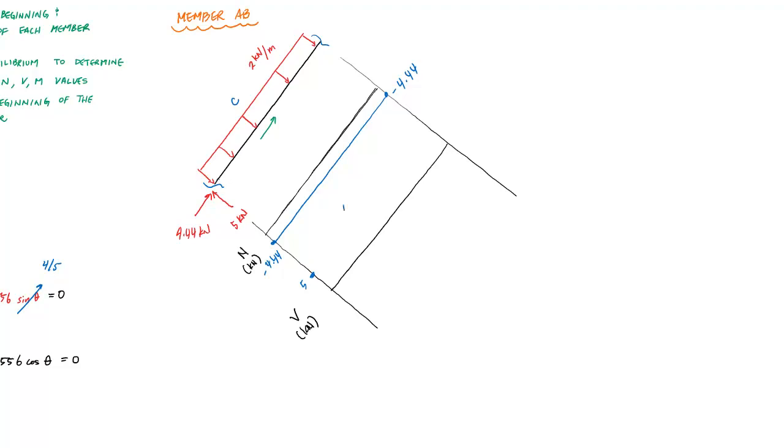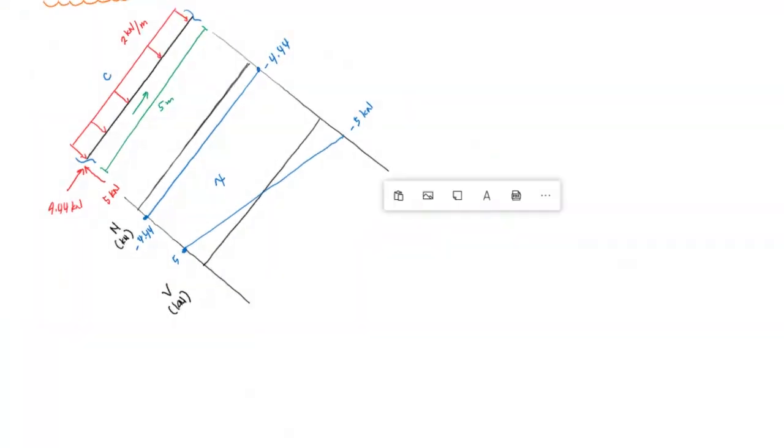Therefore, my shear diagram will be linear like this. And it will be going down. The area under the distributed load, this length, is 5 meters. And so it's going to change 10 kilonewtons. So I'm going to go from 5 to negative 5 kilonewtons.